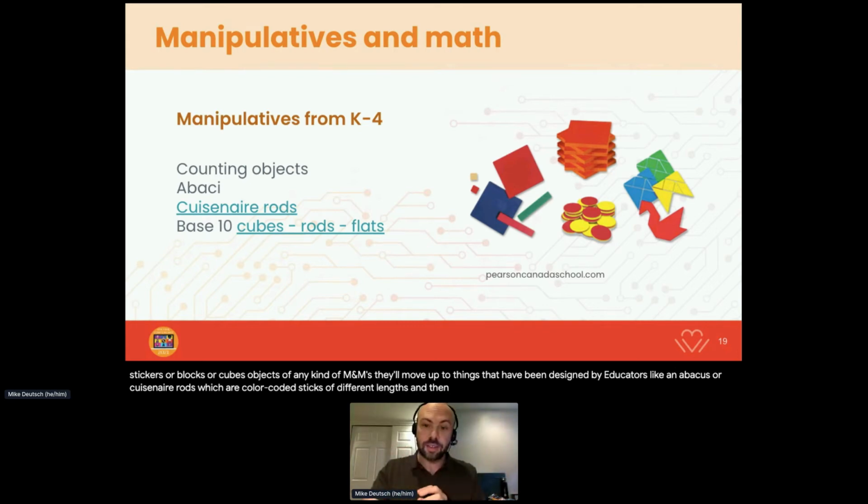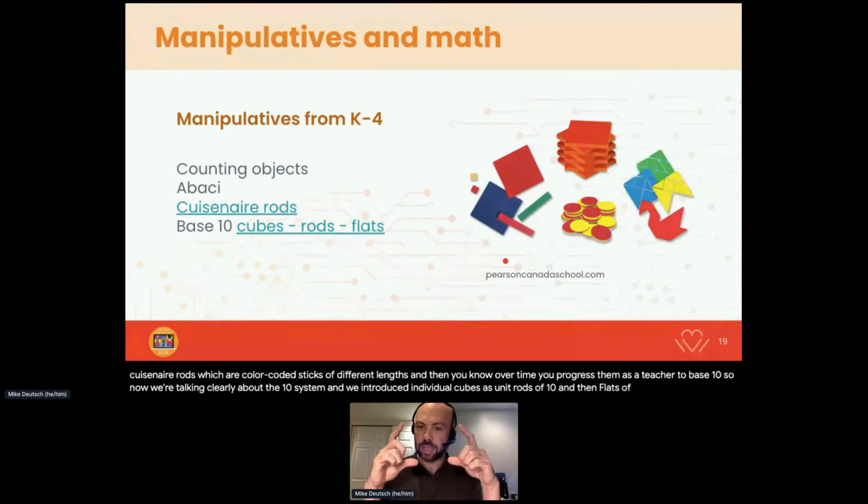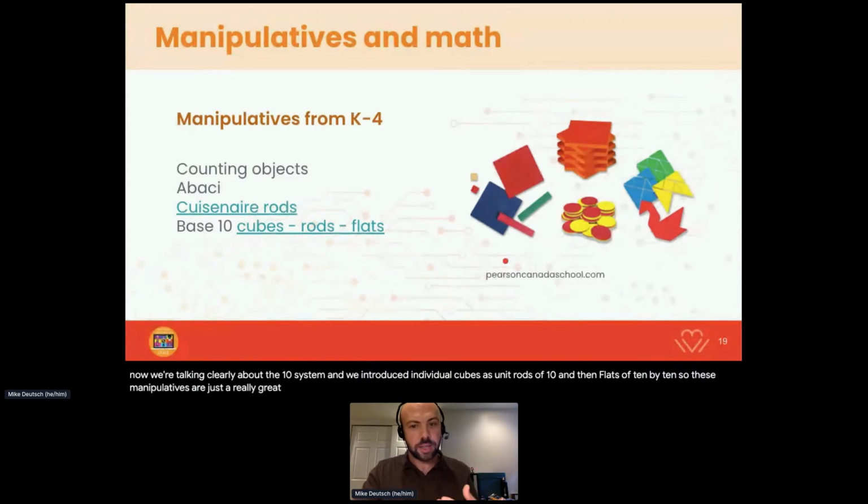And then, over time, you progress them as a teacher to base 10. So now we're talking specifically about the 10 system, and we introduce individual cubes as units, rods of 10, and then flats of 10 by 10. So these manipulatives are just a really great tried and true way to scaffold students towards deeper levels of thinking.